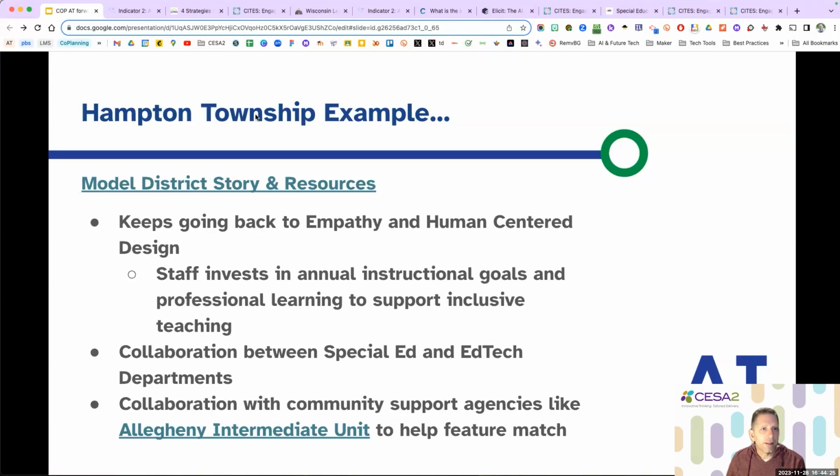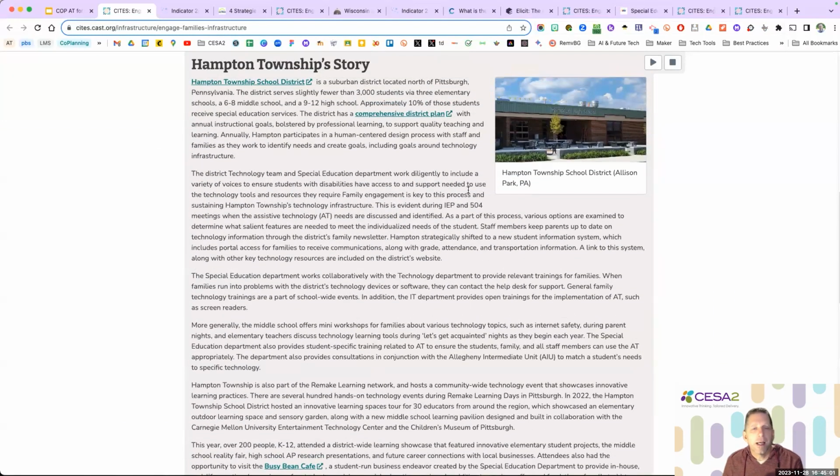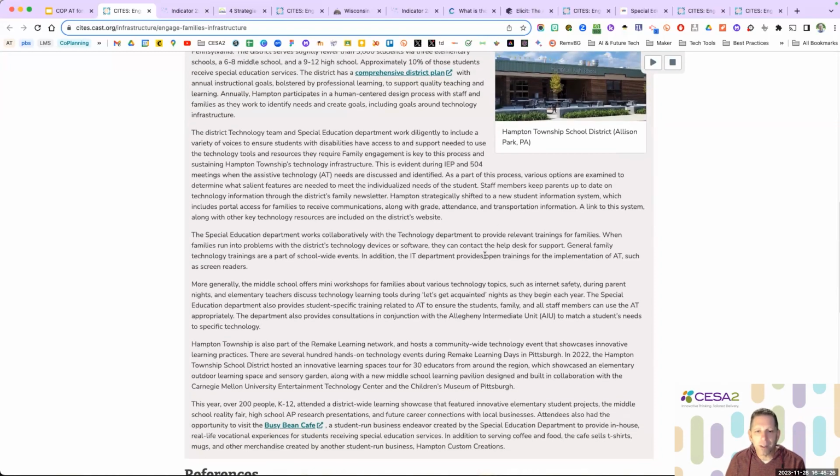So then the site's website gives some examples about the Hampton School District. Here we have a district really focused on empathy and human-centered design, and they were intentional about training all their teachers on how to support and be involved with these decisions, and keeping data and track of what's working and what's not working in the classroom.